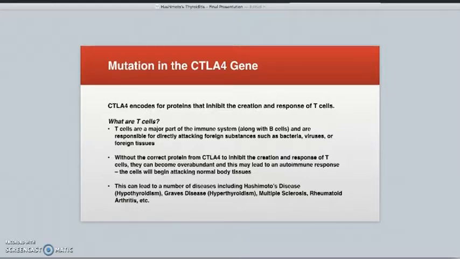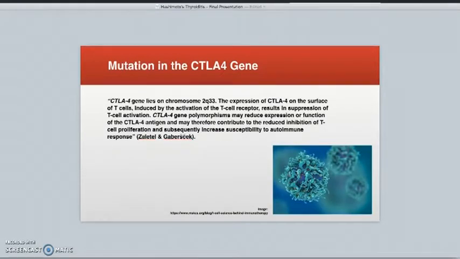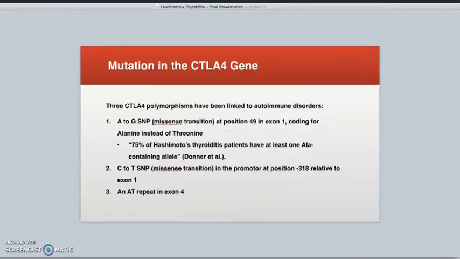And what happens is that the gene lies on the chromosome 2q33. There's a picture of it down there. These polymorphisms can cause a missense transition. So these three different polymorphisms have been linked to autoimmune disorders. There's an A to G SNP that they have found to be the most frequent that occurs in people with this disorder, where basically alanine instead of threonine is created.